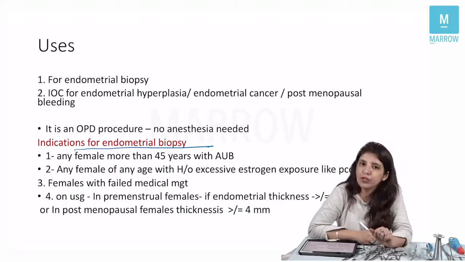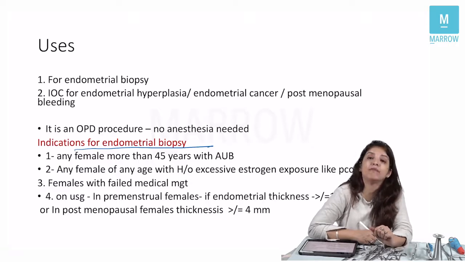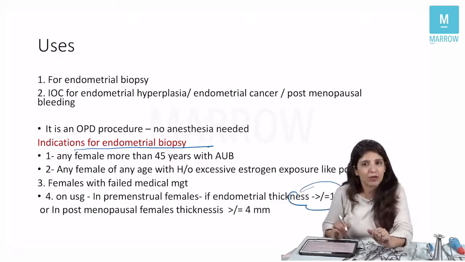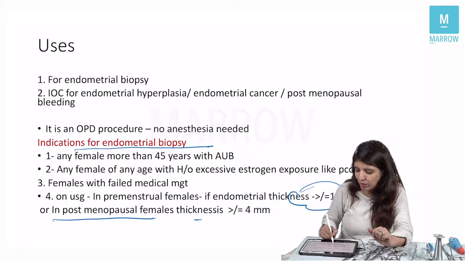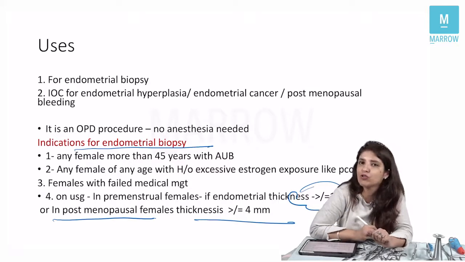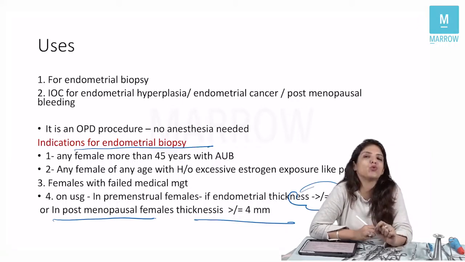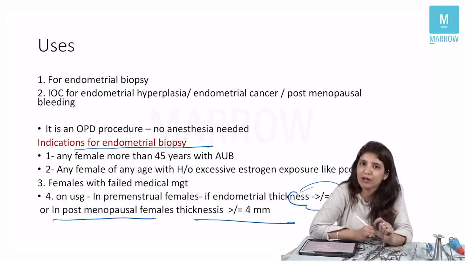Number three, if the female was having atypical uterine bleeding and her medical management has failed. Number four, if a female has come to you with excessive bleeding and you got a TVS done, and on TVS the endometrial thickness in a premenopausal female is more than or equal to 12 millimeters, or in a postmenopausal female is more than or equal to 4 millimeters. In that case, you have to do endometrial biopsy.